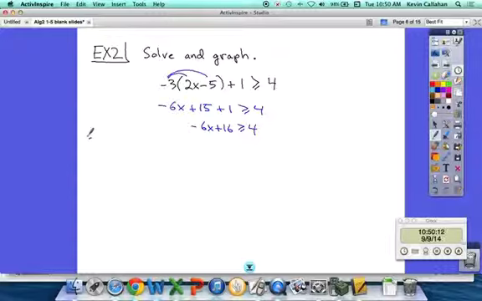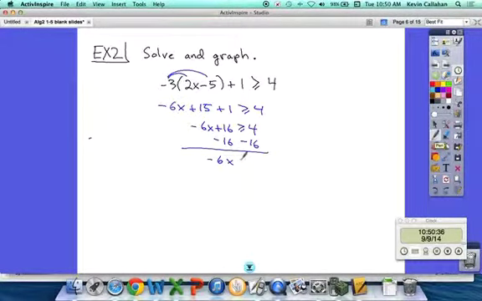Okay, now we've got the variable all in one term. That's good. Now we need to move the constant so that variable term is alone, right? So subtract 16. Negative 6x is greater than or equal to, that's a bad, try that again.